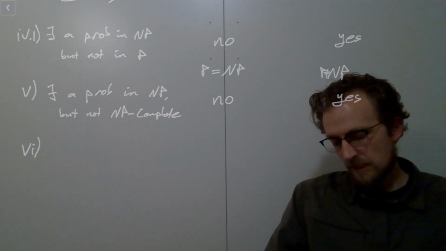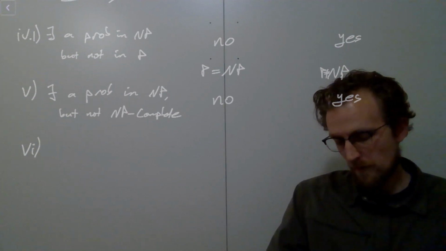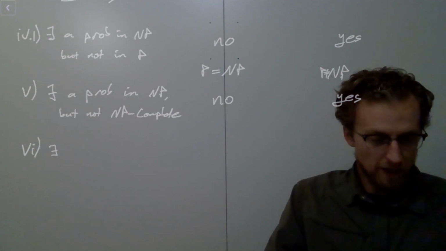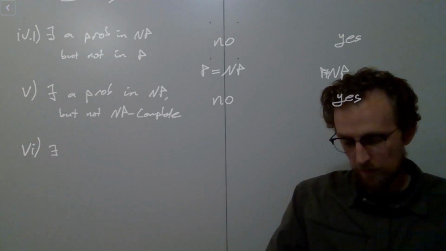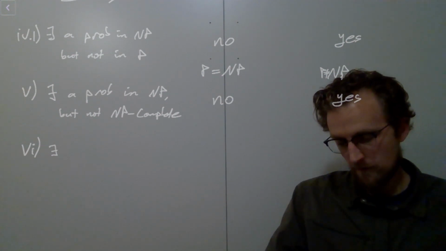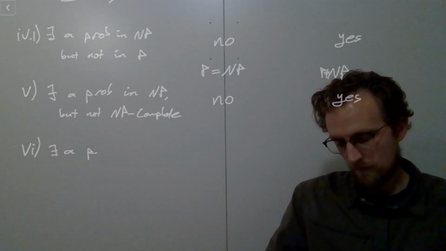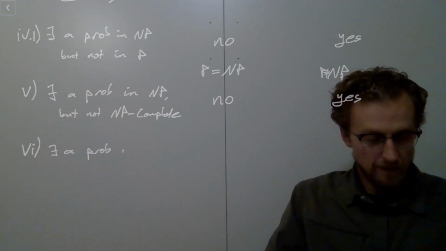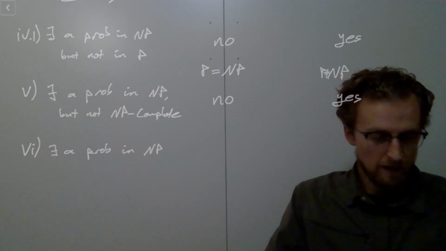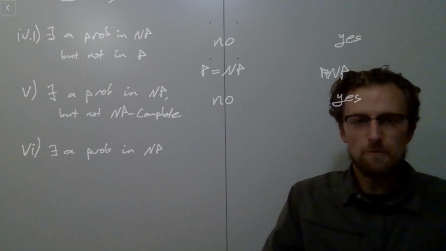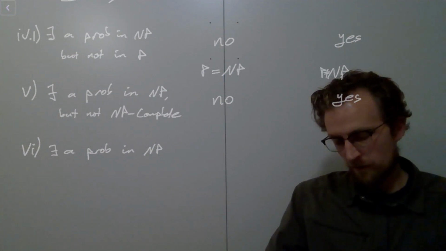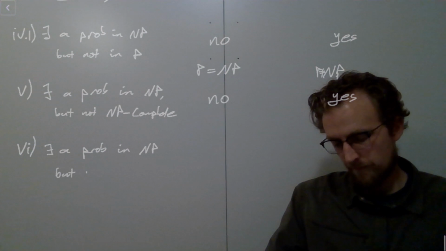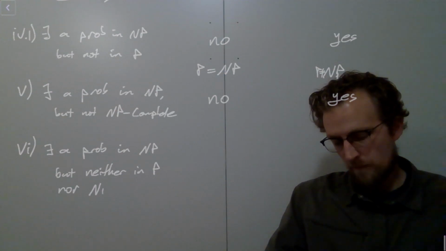All right, on my sheet I say that these next two are kind of advanced, so let me write them out and then we'll think about it. So there exists a problem in NP, but neither in P nor NP complete.